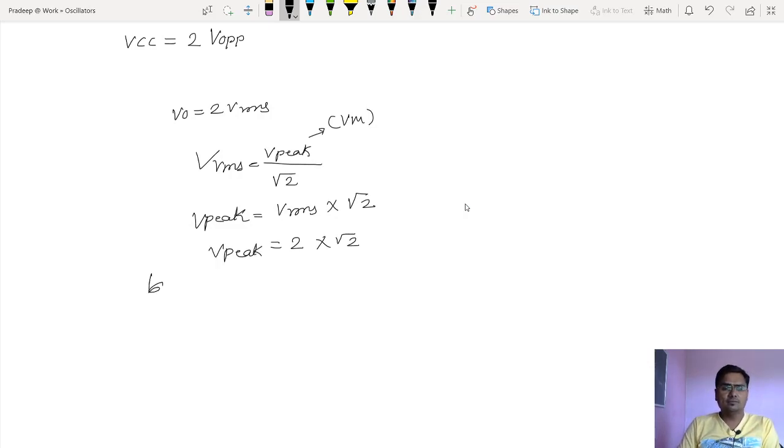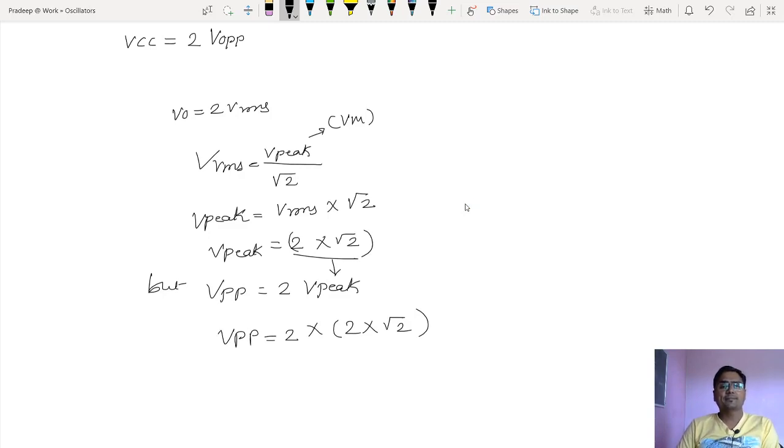But what about V peak to peak? V peak to peak is equal to twice of V peak, is it? So this is my value of V peak. I'll put this value here. So it will be 2 multiplied by 2 multiplied by root 2. This is my value of V peak to peak.